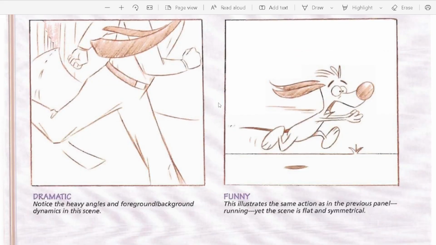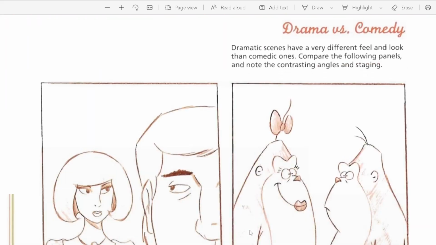Dramatic. Notice the heavy angles and foreground and background dynamics in this scene. Funny. This illustrates the same action as in the previous panel, but the scene is flat and symmetrical. Drama versus comedy. Dramatic scenes have a very different feel and look than comedic ones.